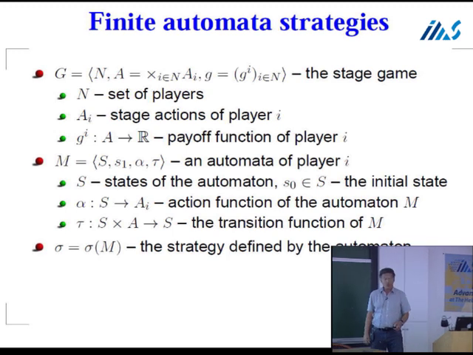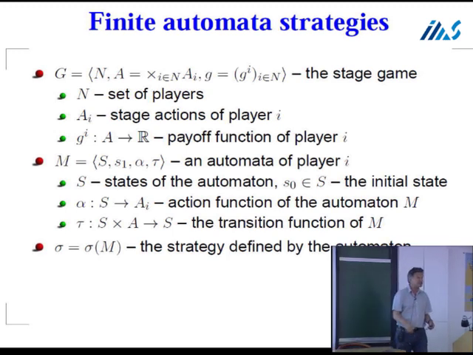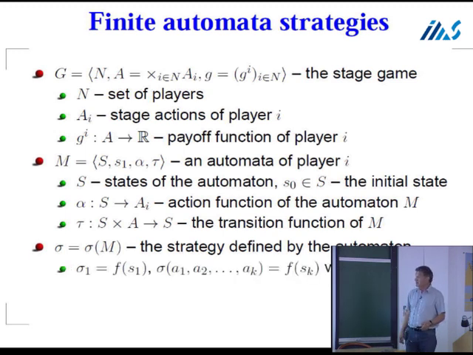And then, what is the strategy that is defined by this machine? So, on the first day, it takes an action, which is just the action function. I switched notation: F is alpha. So this alpha and this F are the same. So it is alpha of the first state. And after k many stages, if you observe the history A1 up to AK, a strategy has to decide which action to take then.